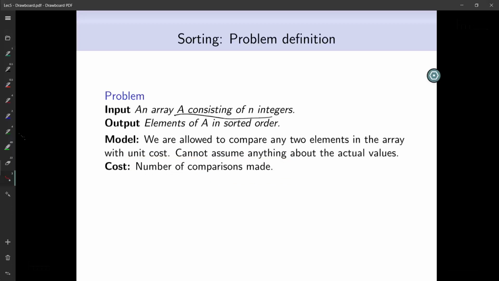Now you might be wondering, why do you need such a restriction? Well, you can have algorithms which do not make this assumption. This just simplifies our understanding. At least we will be able to understand what is the minimum number of comparisons required. And this is kind of necessary if you assume nothing of the domain of values.